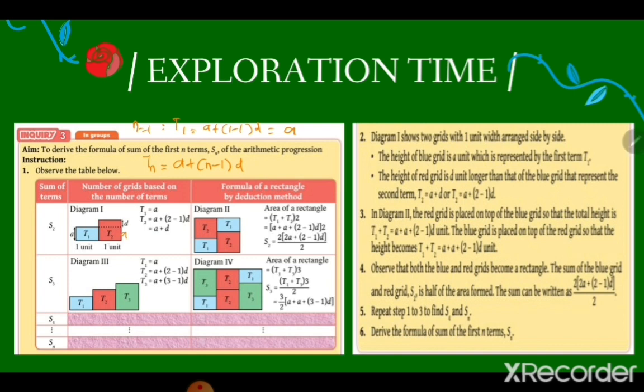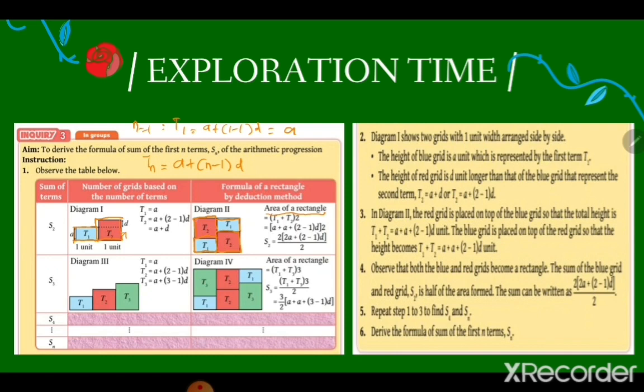And then for the third column, we are looking for the area of the rectangle. As you can see, before in diagram 1, we have only this rectangle, and then in the third column we have the original diagram, and then we have the additional one.